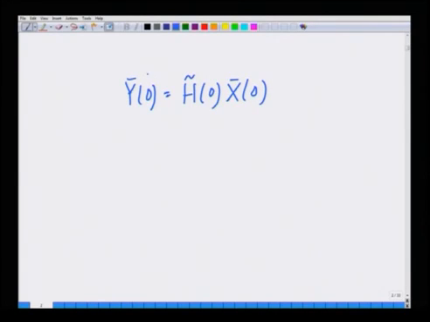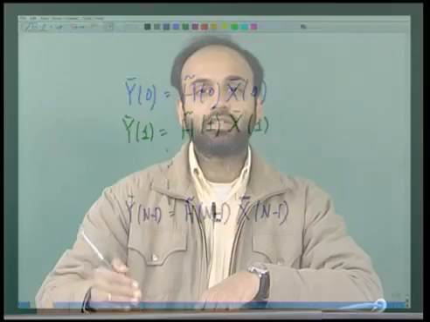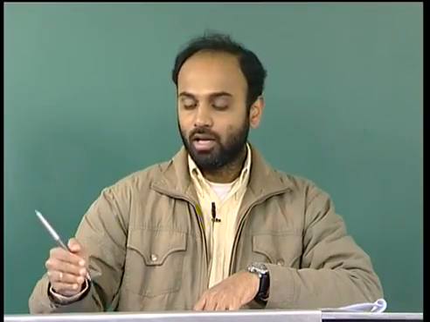In fact, these are now vectors. y bar 1 equals h tilde 1 x bar 1, and so on and so forth, up to y bar n minus 1 equals h tilde n minus 1 x bar n minus 1. This is a flat fading MIMO channel across each subcarrier.